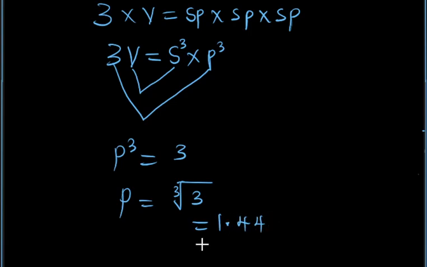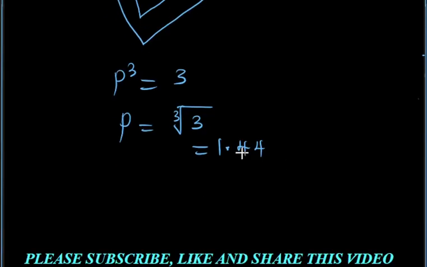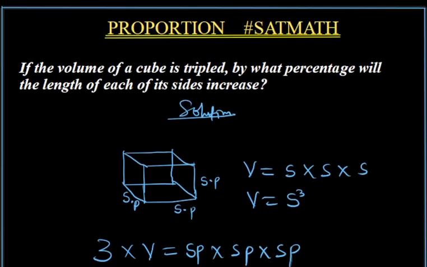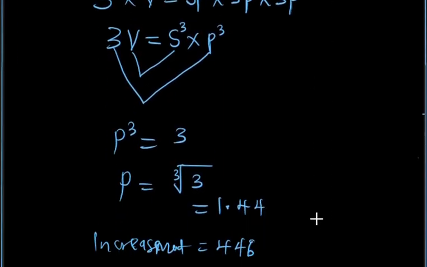And when something increases by 1.44, it means that the increment is 44%. Right? So each of the lengths must have increased by 44%.